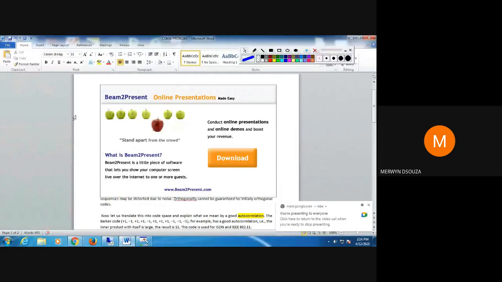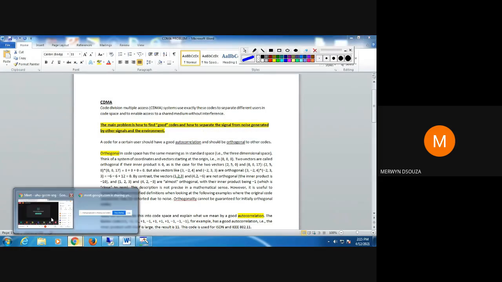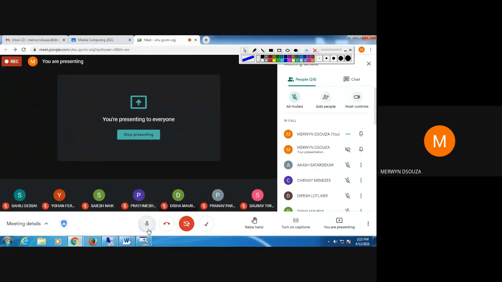If the code is very important in CDMA, then the question arises, how do we decide what is a good code? So they came up with two measures. A code is good for CDMA if it has good autocorrelation and it should be orthogonal to other codes.